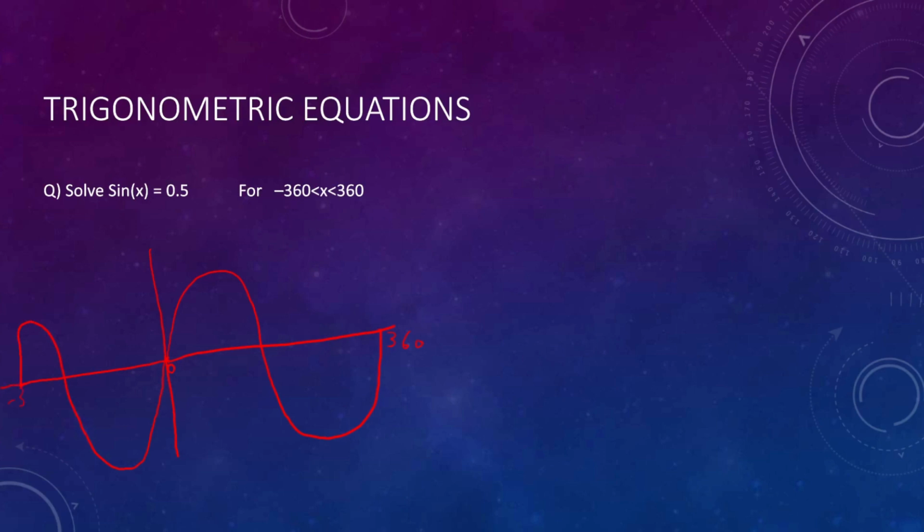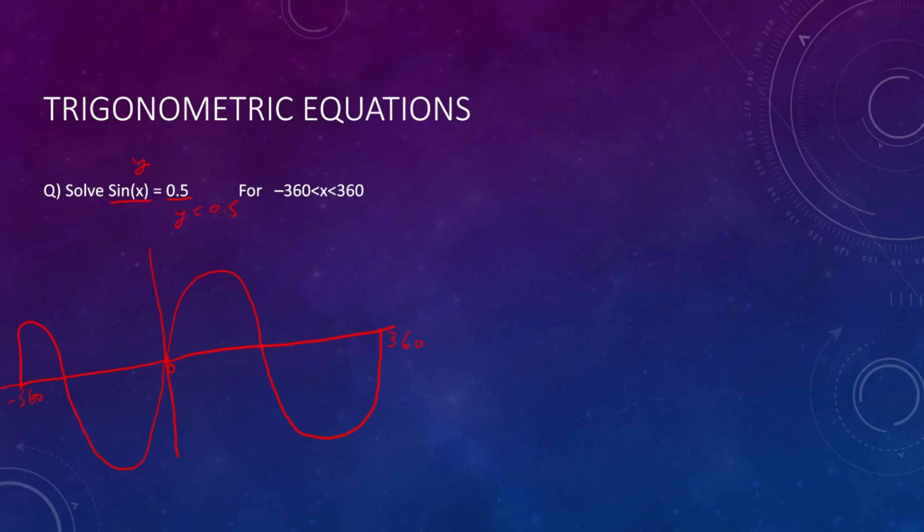This is minus 360. So what sine of x basically means is that y, this is the y. So your y is equal to 0.5. They're asking you the value of x for which your y is equivalent to 0.5.